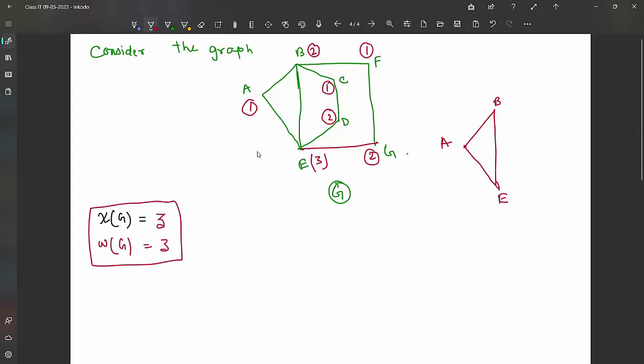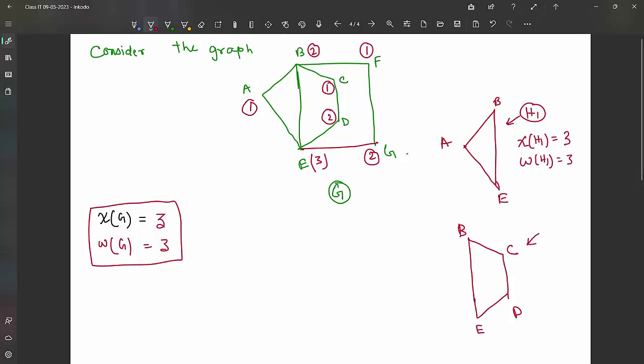Now if you take some subgraph, so this is also a subgraph. Here you can see its chromatic number is 3 and its clique number is also 3, AB. Now if you take this subgraph of the graph, that means B, C, D and E, and call it H1, then similarly chi of H1 is equal to 3, and also omega of H1 is equal to 3.